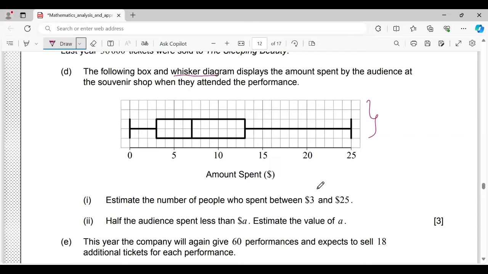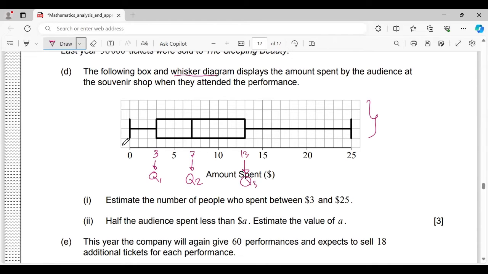Right. So if this is 1, 2, yeah, this is 3. 3 is Q1, and this is 6, 7 is Q2, and this is 11, yeah, 13 is Q3. Right.